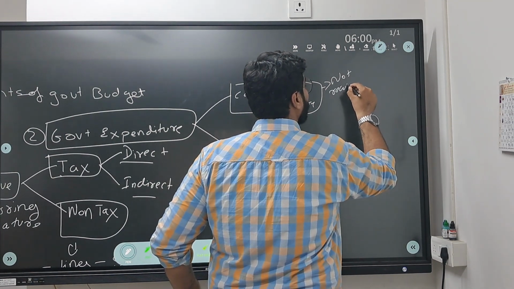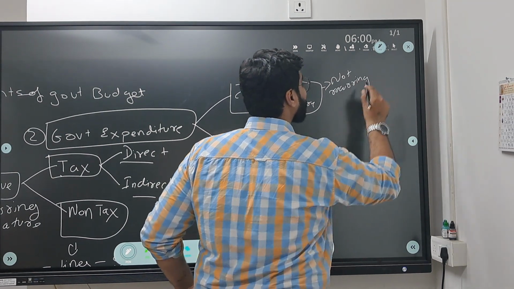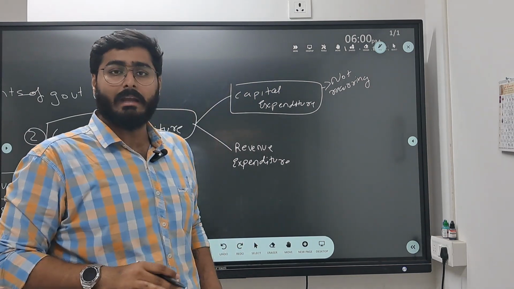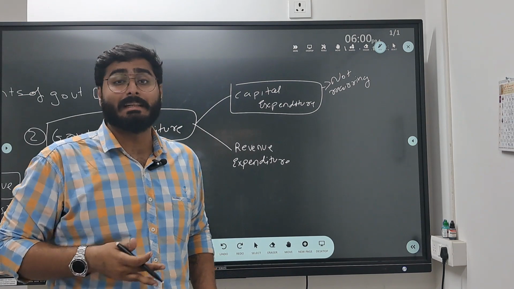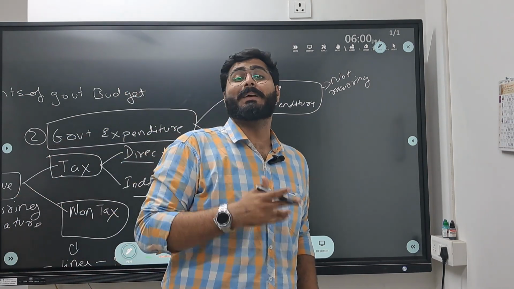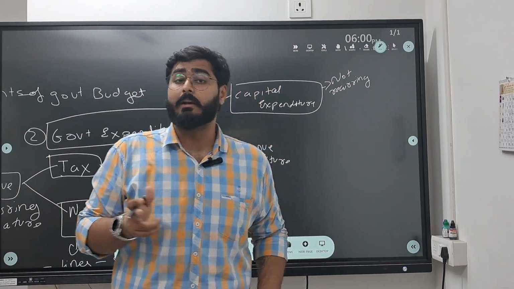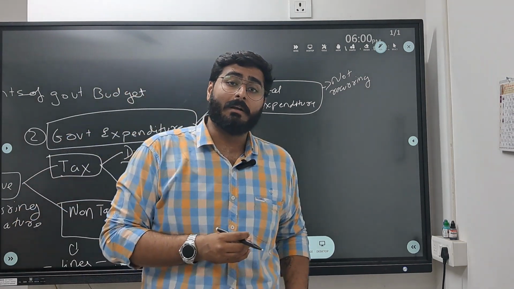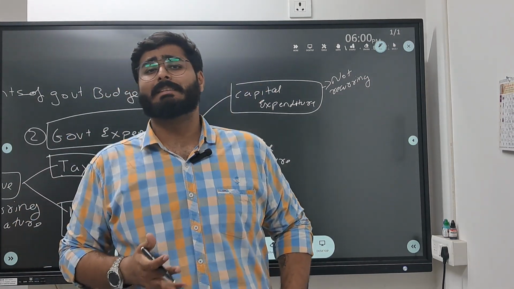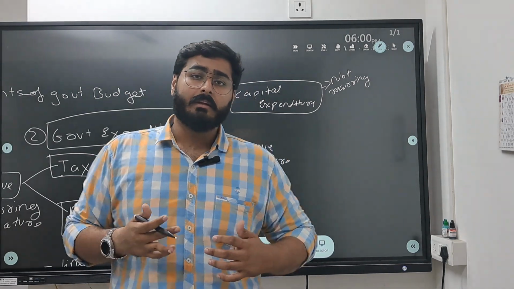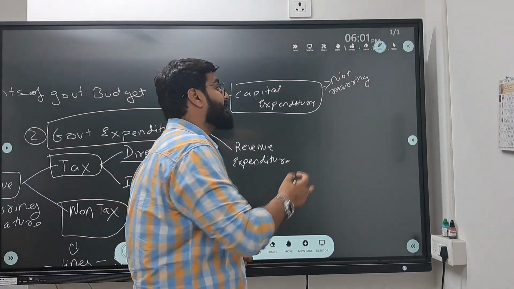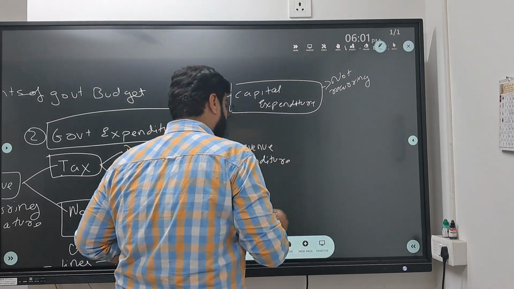This expenditure government incurs only sometimes. Government has repaid some loan somewhere, or invested money somewhere, or built some property, dam or bridge somewhere. That expenditure government need not do again and again. It's not repetitive in nature.